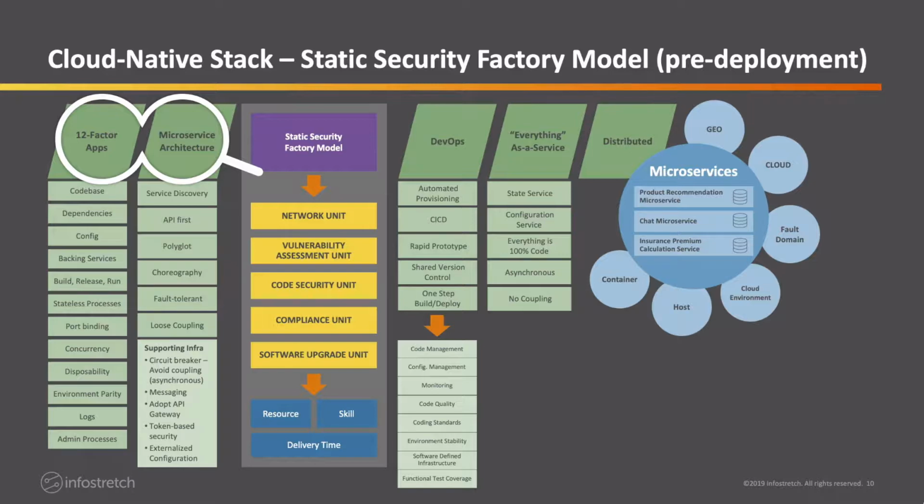The static factory model is primarily used to perform footprinting of the network or the application, or to find code vulnerabilities such as SQL injection. The same goes for application certificates: if there is any expired certificate, you want to bring it to notice. All that would be part of the static security testing, right? So this definitely takes place as part of the pre-deployment phase.